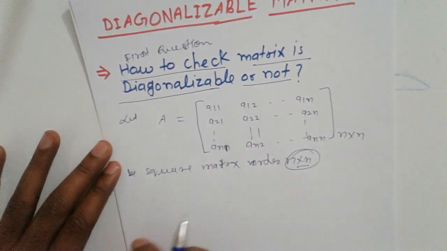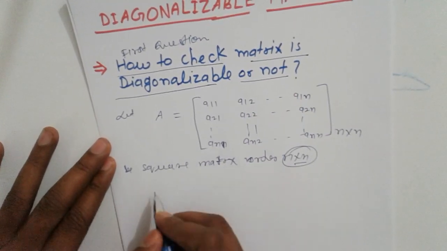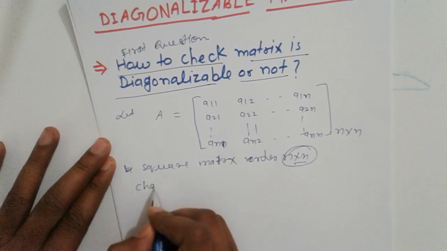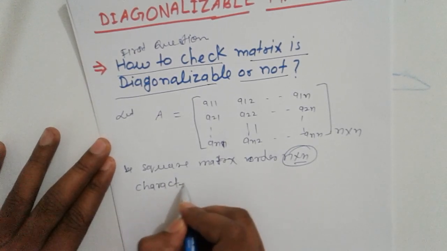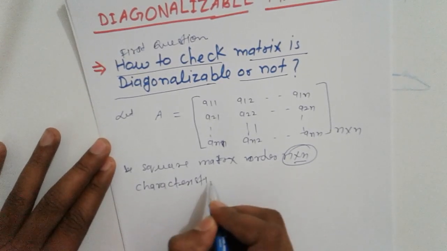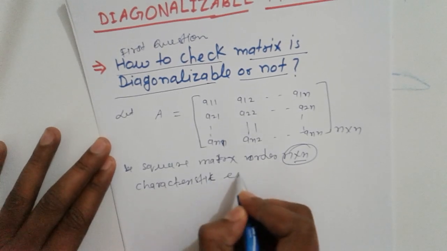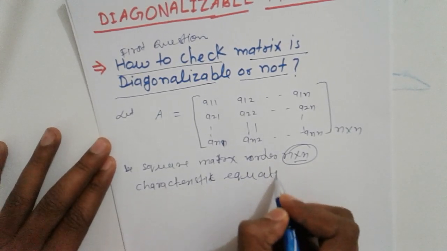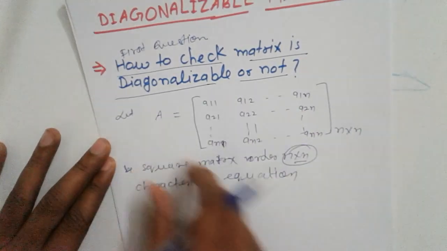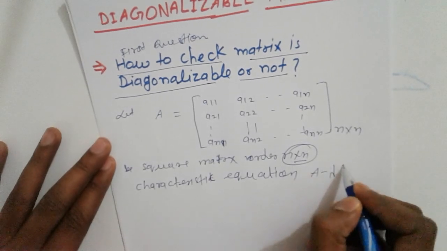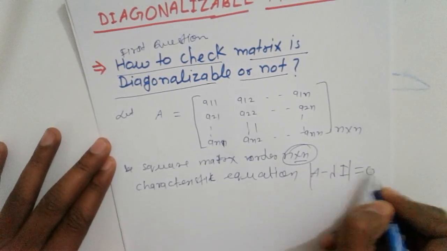In that case, first we just find the eigenvalues. So we require the characteristic equation. First we write down the characteristic equation: A minus lambda I equal to 0.